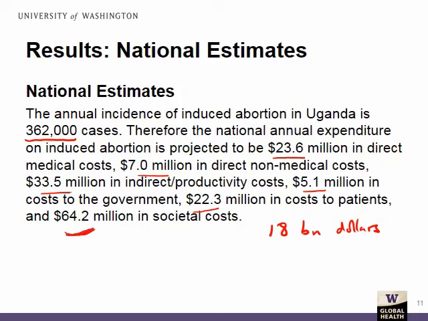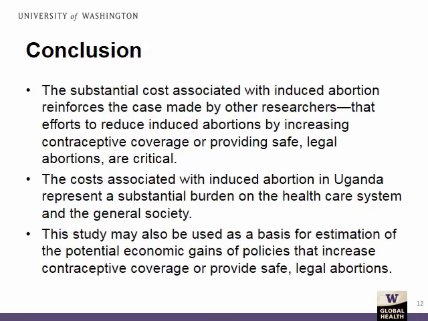The conclusion of our study was that abortion leads to a substantial cost, and it reinforced the case made by other researchers that efforts to reduce induced abortions by increasing coverage of contraceptives and providing safe legal abortions are critical to reducing this burden.